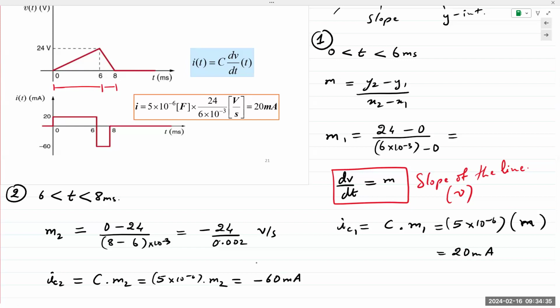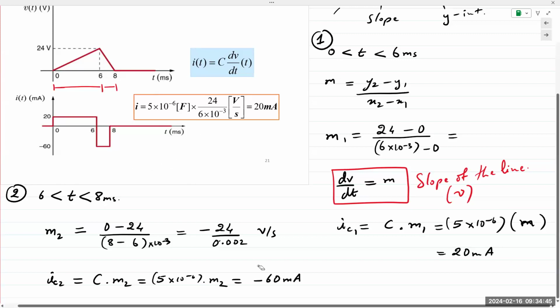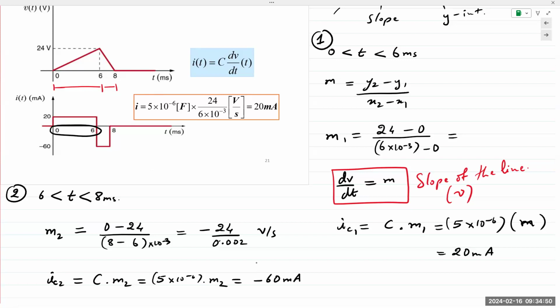Make sense? Then when you plot it, this is what you would obtain. The value for the current between 0 and 6 is a fixed constant value, 20 milliamps. And so that's what we see here, 20 milliamps. And then time period 2, let me call this 1 and 2.